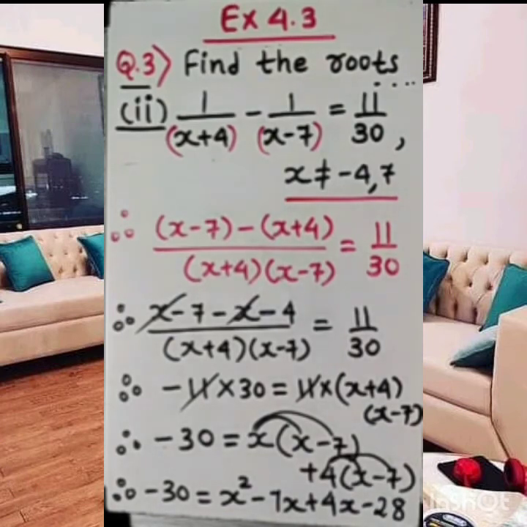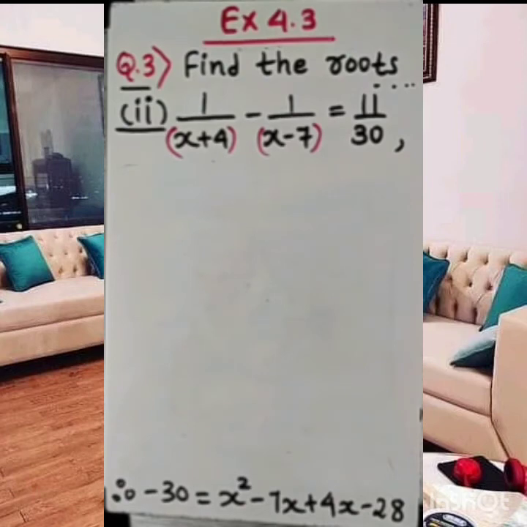So finally we have this much of solution: minus 30 equal to x square minus 7x plus 4x minus 28. Let's note down the next step and try to simplify further.